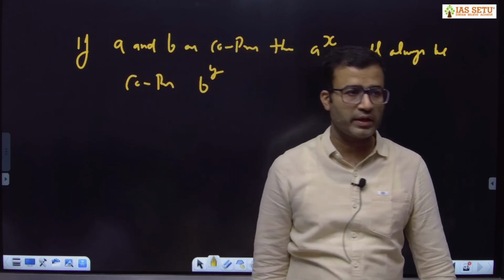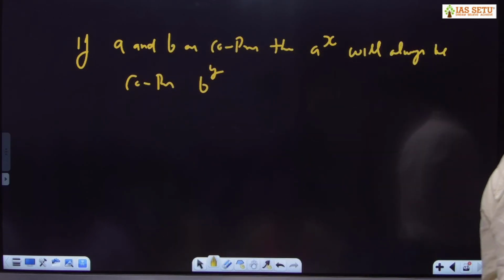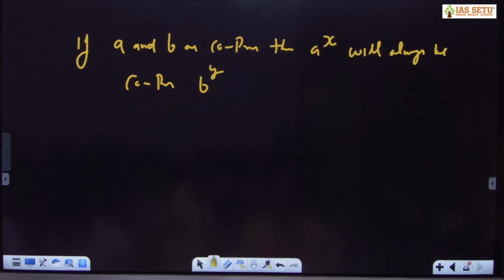So a to the power x will always be co-prime to b to the power y. If a and b are co-prime, then a to the power x will always be co-prime to b to the power y, where x and y can be any natural number.